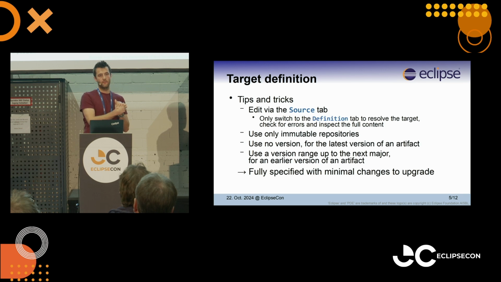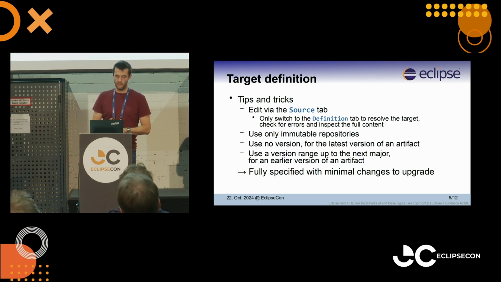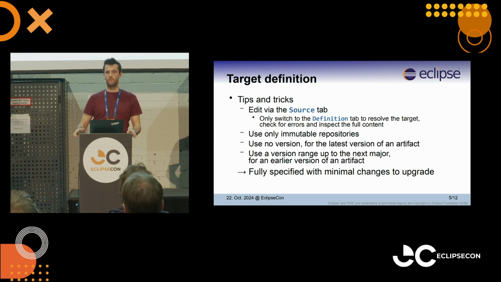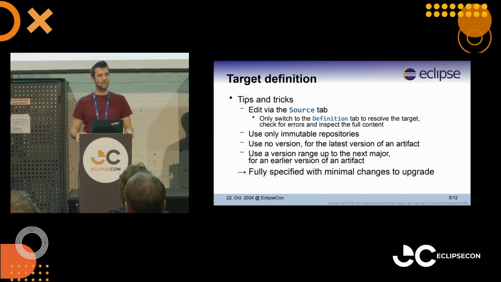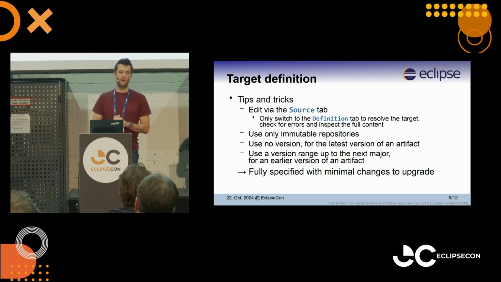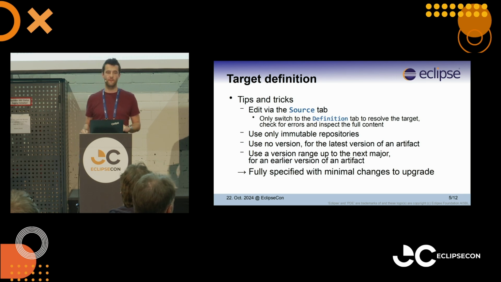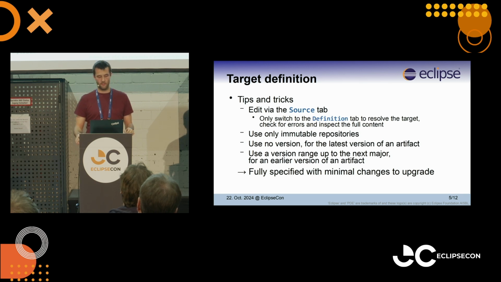Some tips and tricks regarding target definitions: you probably know the UI editor to modify a target, and probably many of you complain about it. Personally, I usually modify my targets through the source tab, as I've just shown you here, and do all the modifications and work with the target definition in the source tab.